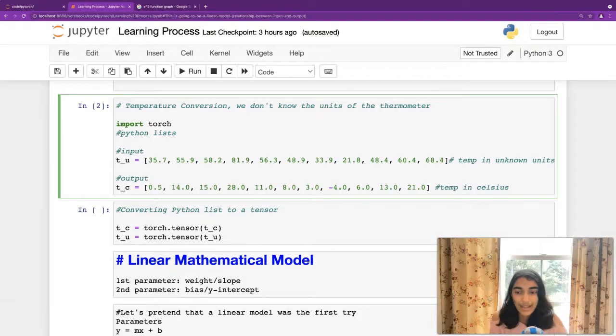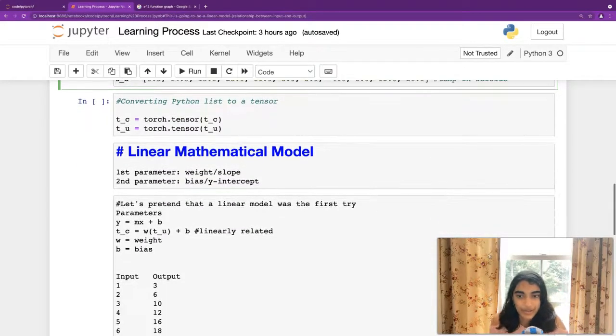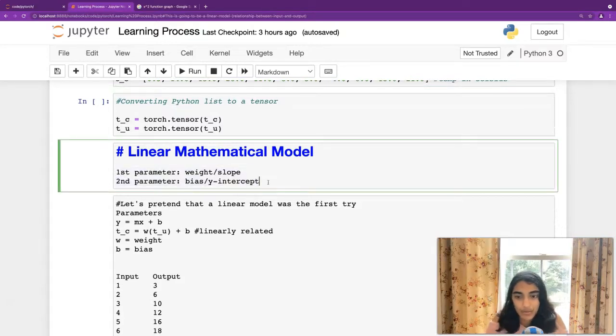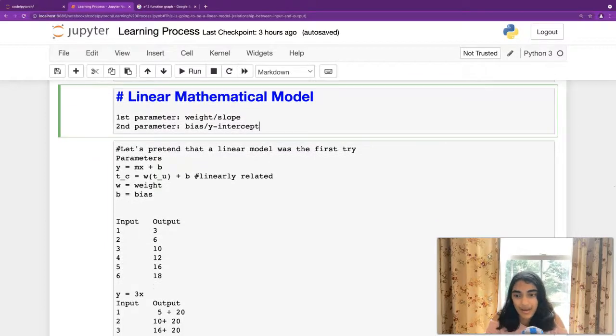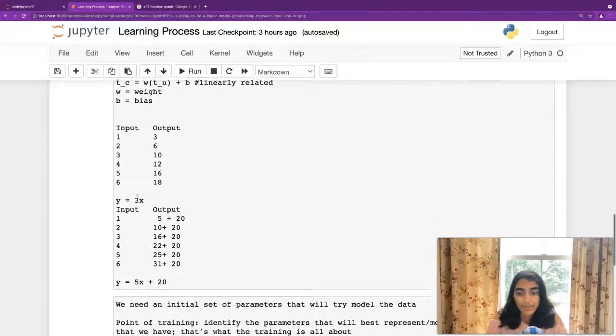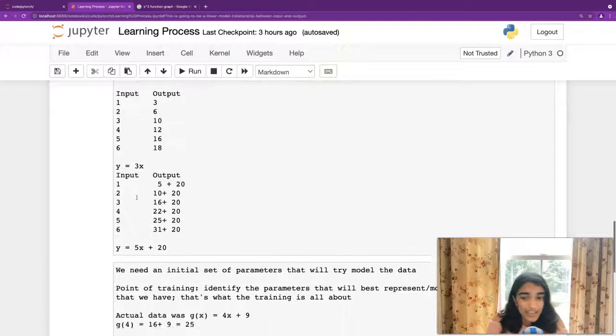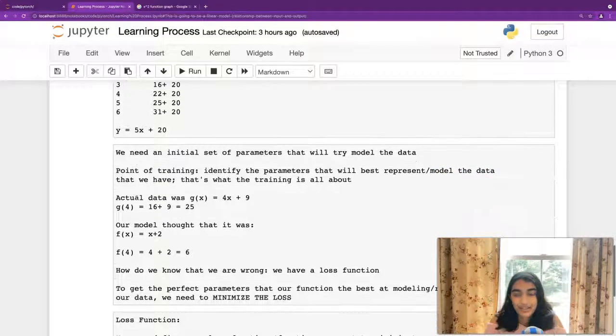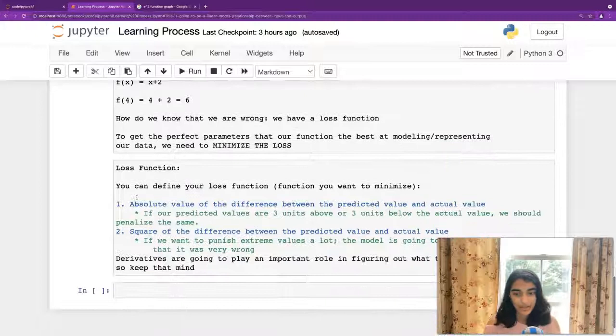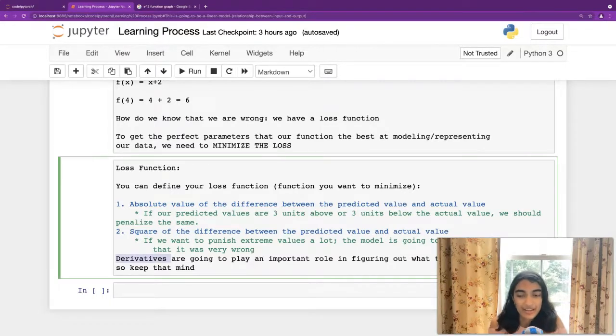And we converted it to a tensor, although that wasn't the main part. We talked about the different parameters and what they mean, weights and biases, and picking the perfect parameters and what that means. And we talked about examples of pretty simple loss functions that are great for learning purposes, and to keep derivatives in the back of our mind so that we can talk about them when we are optimizing our model.